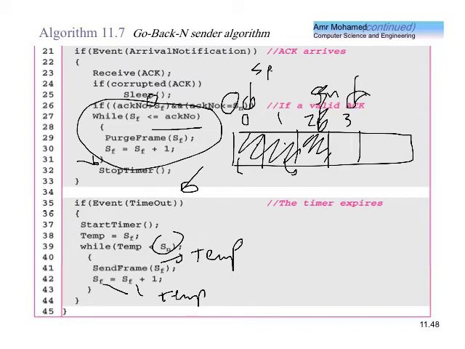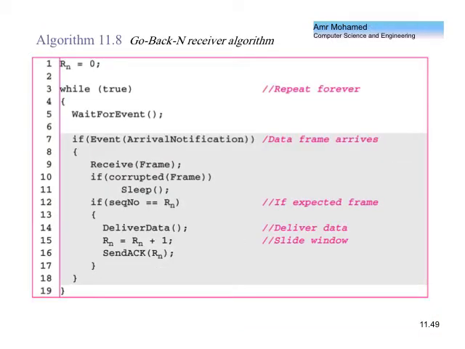Any questions? So that's it for the sender. We will notice that the receiver is exactly the same as the stop and wait receiver. There's only one slight change here, which we'll mention quickly, but this is due to the implementation.